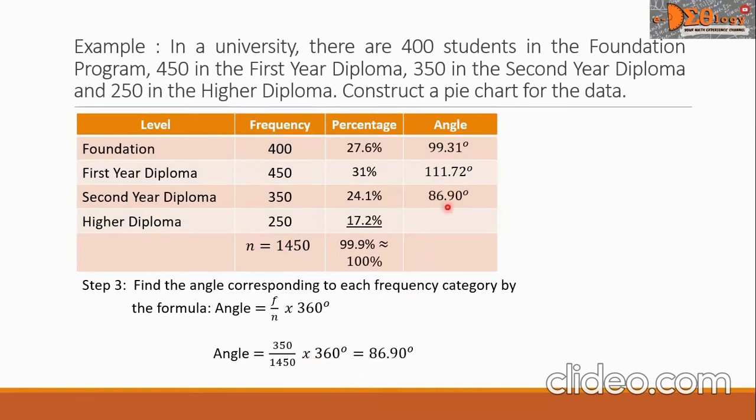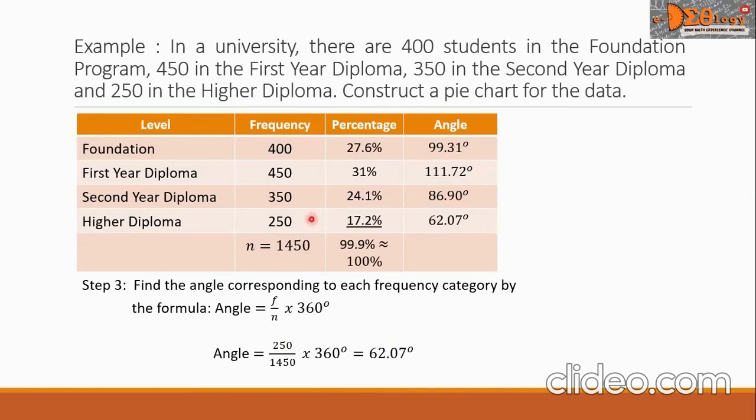The next is 86.90 degrees. This value comes from the 350 divided by 1450 times 360 degrees. And the last blank is equal to 62.07 degrees.